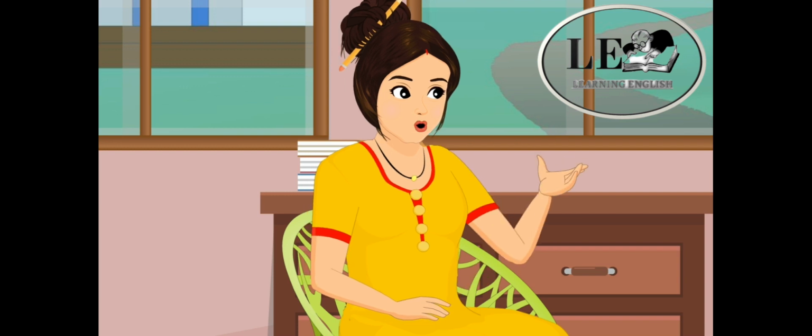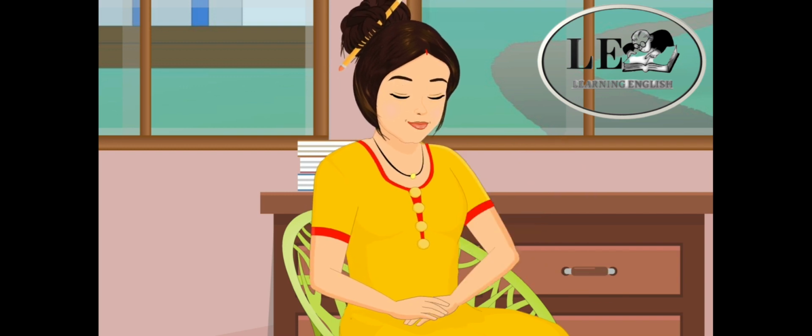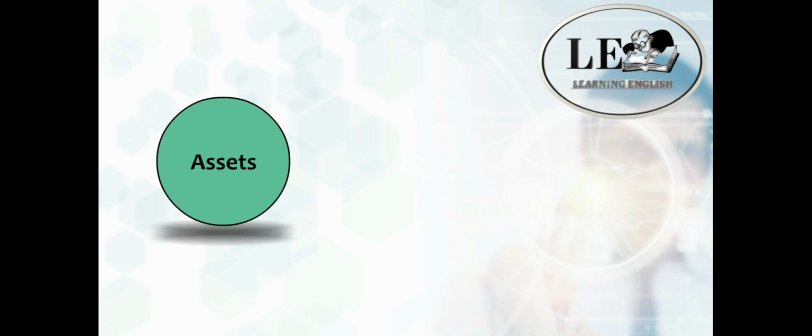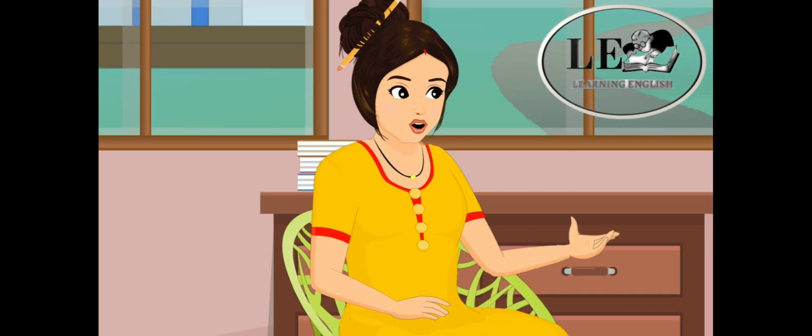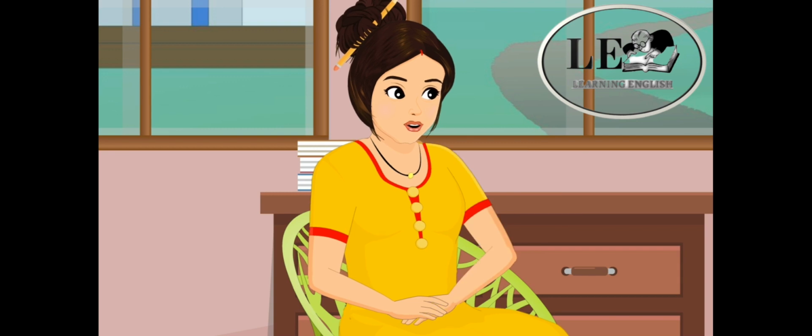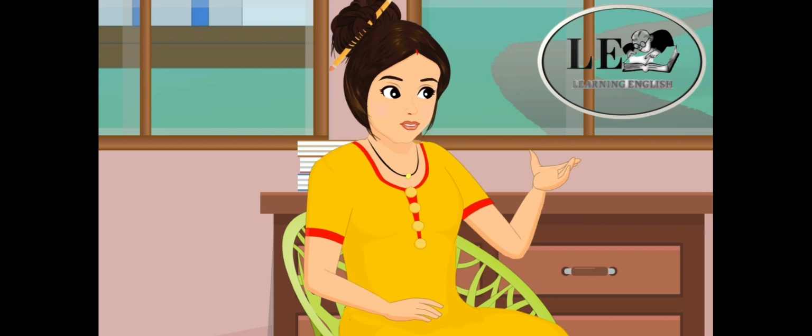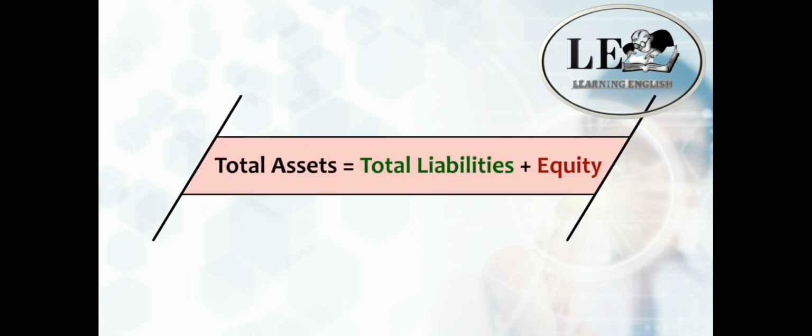A balance sheet is a record of all of a business's existing assets, liabilities, and equity. It measures the uses of capital. Capital uses must equal sources of capital. From that, we can derive that total assets is equal to total liabilities plus equity.